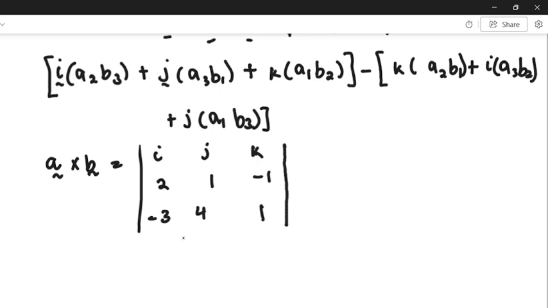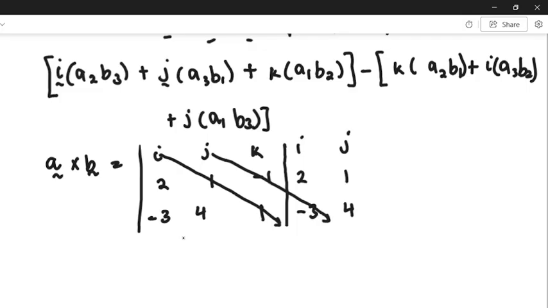So you write it, then you start again, i 2 negative 3, j 1 4. You do the same thing basically. So you're going to have i, j, k.